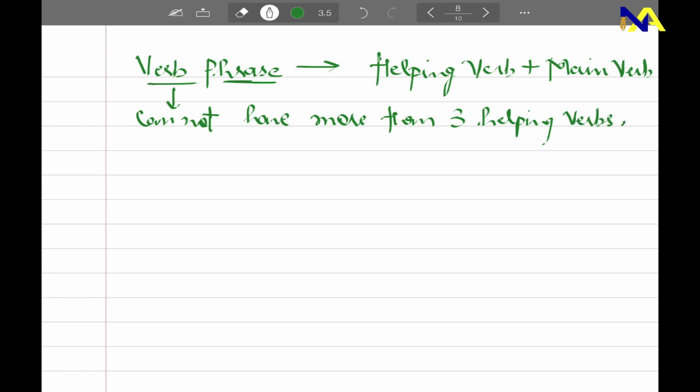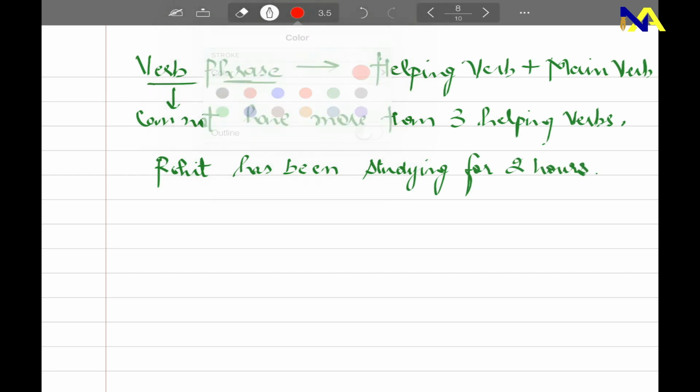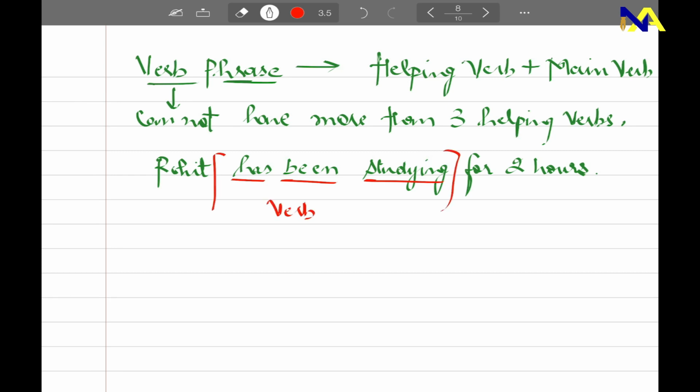Okay, now we will move on to our next topic, and for that matter I'll give you an example of a verb phrase. You said Rohit has been studying for 2 hours. Okay, in this sentence, has is a helping verb, been is a helping verb, studying is the main verb. This forms a verb phrase.